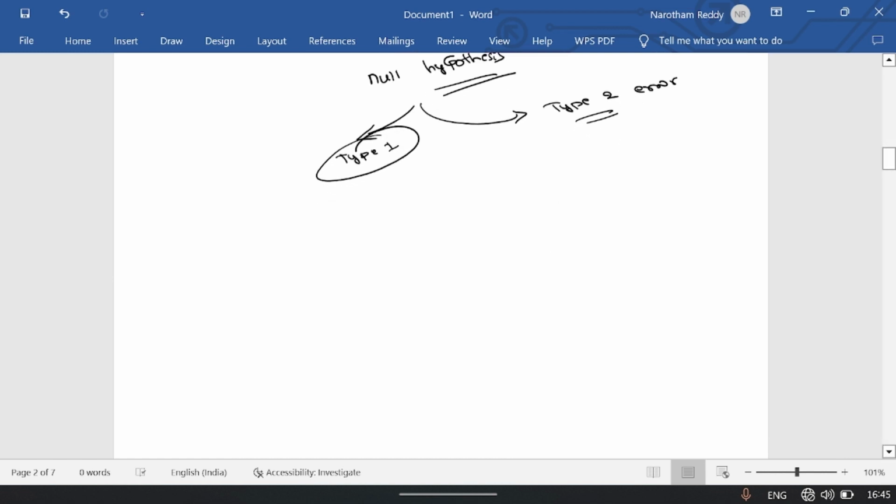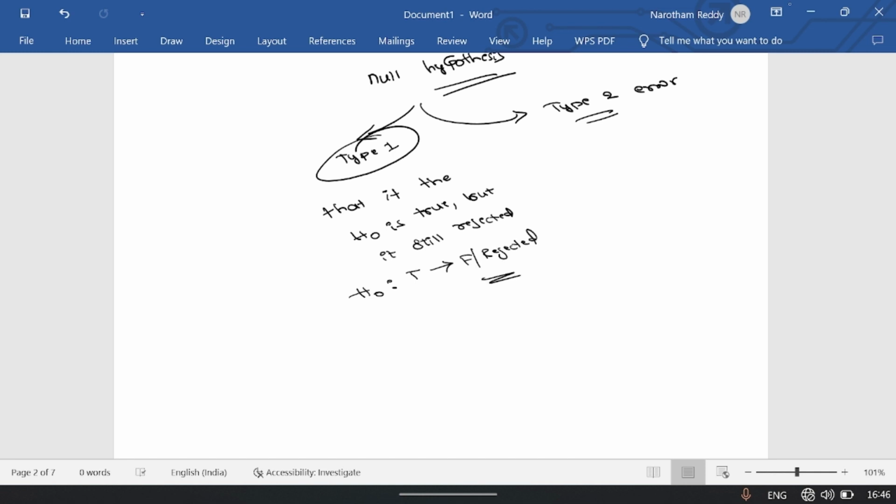Type 1 error is when the null hypothesis H naught is true, but it is still rejected.